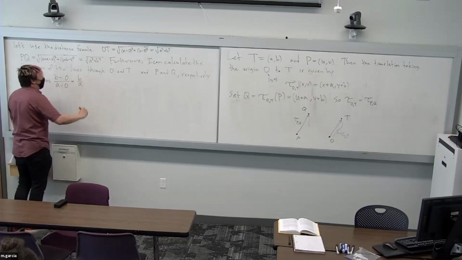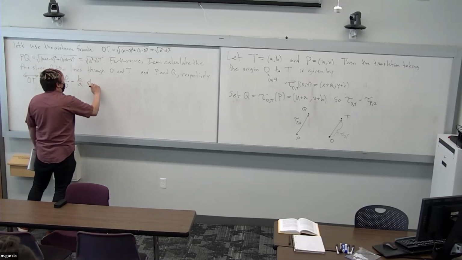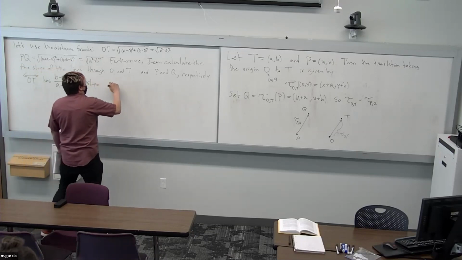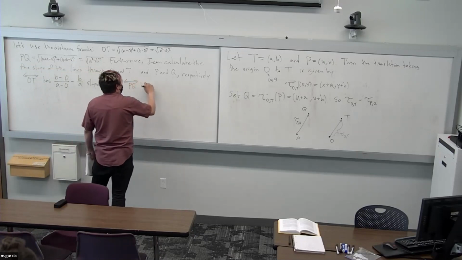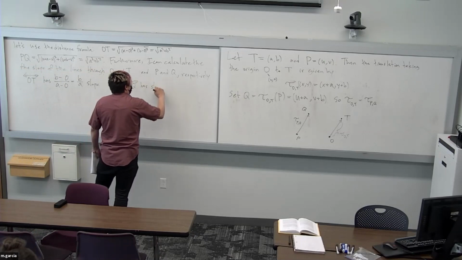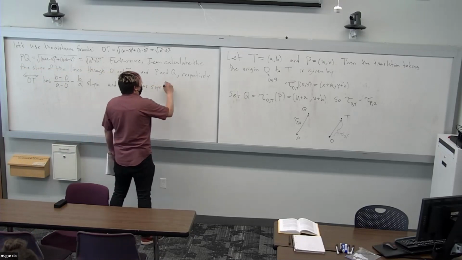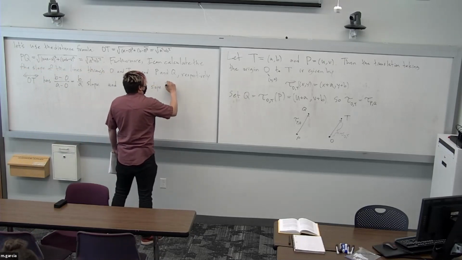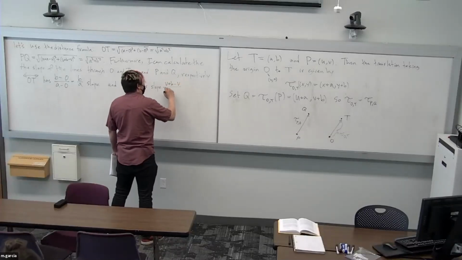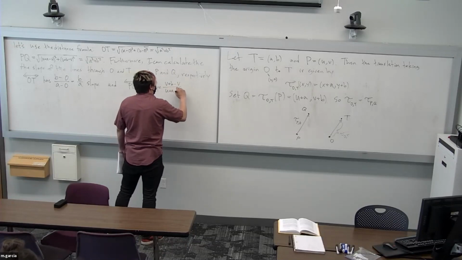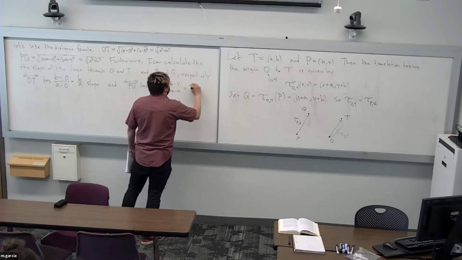It has slope b over a. And the line through PQ has slope v minus v over u plus a minus u, or b divided by a.